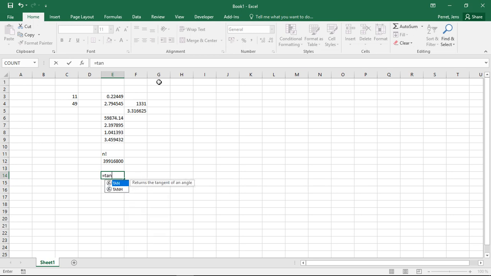We have the tangents hyperbolicus. And if you're looking for the arctangents or arcsinus, we have arctangents and specific versions of it. We have the same thing for sinus and cosinus, and as you can see here, for the cotangents as well.